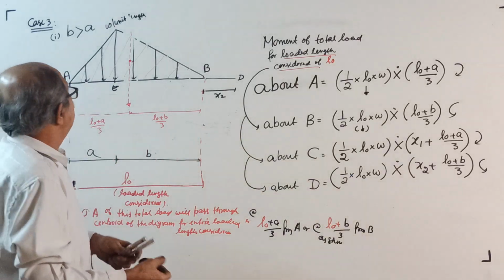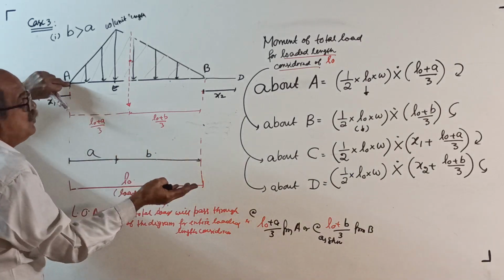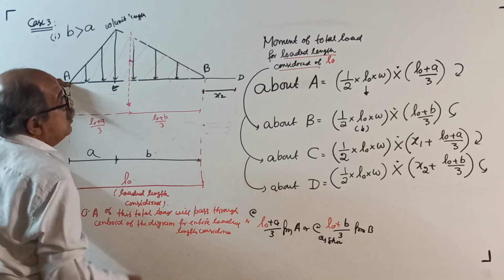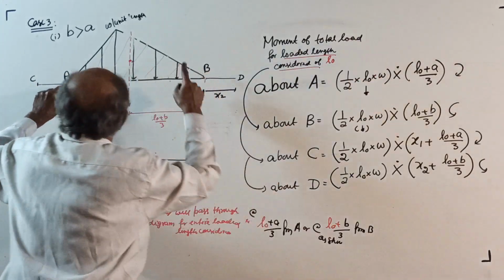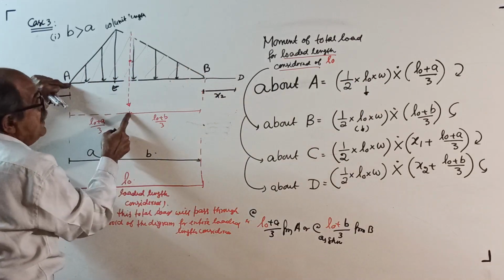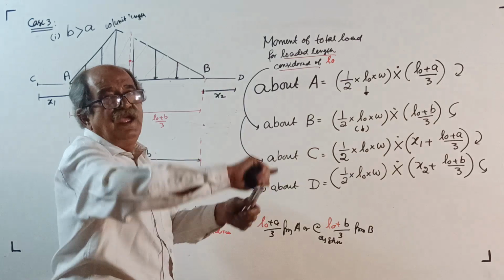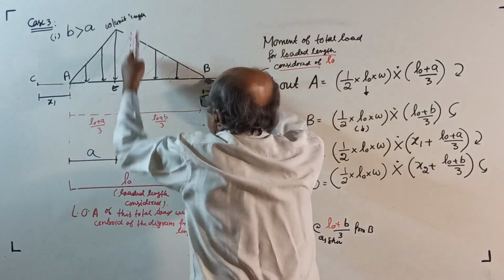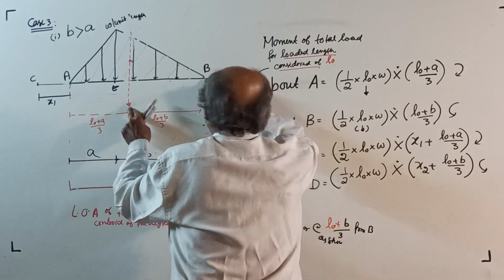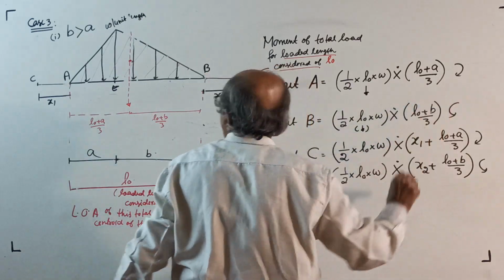Now very simple. Moment about A: the total load, half into L naught into W, into L naught plus A by 3, clockwise. Moment about B: once again the total load into L naught plus B by 3, anti-clockwise.